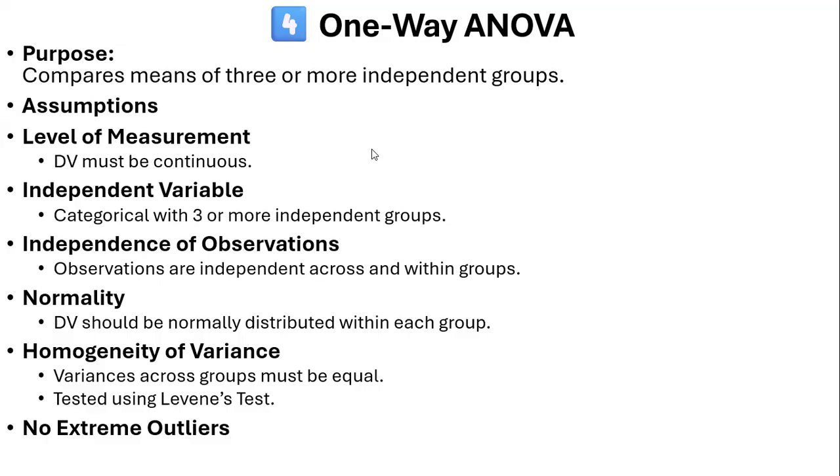Now, one-way analysis of variance. Please, the ANOVA you are seeing here stands for analysis of variance, but it's been abbreviated. The AN stands for analysis, the O stands for of, then the VA stands for variance.